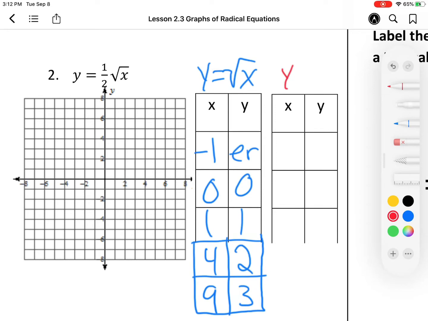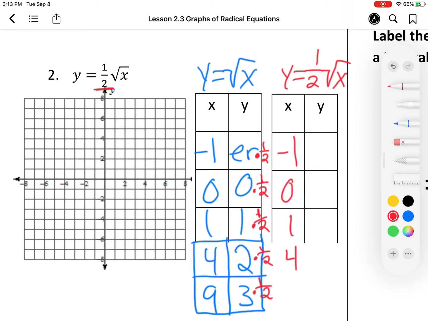Now the new one, we got y equals 1/2 times square root of x. 1/2 is on the outside, so we're affecting the y's. So we're going to come in here and multiply by 1/2. So nothing on the inside with x, so we've still got -1, 0, 1, 4, and 9.